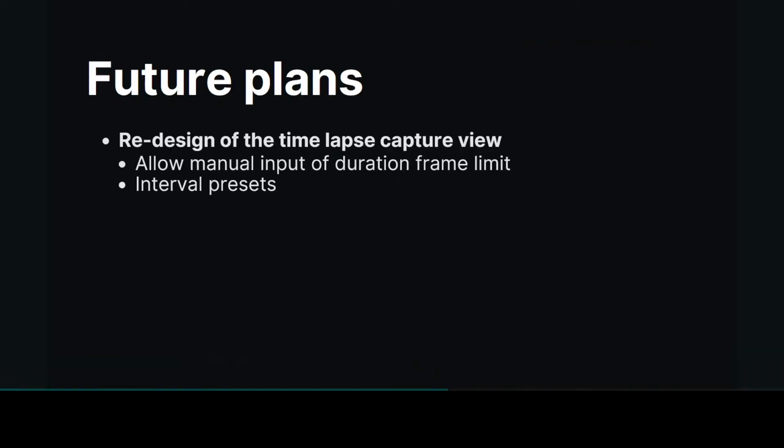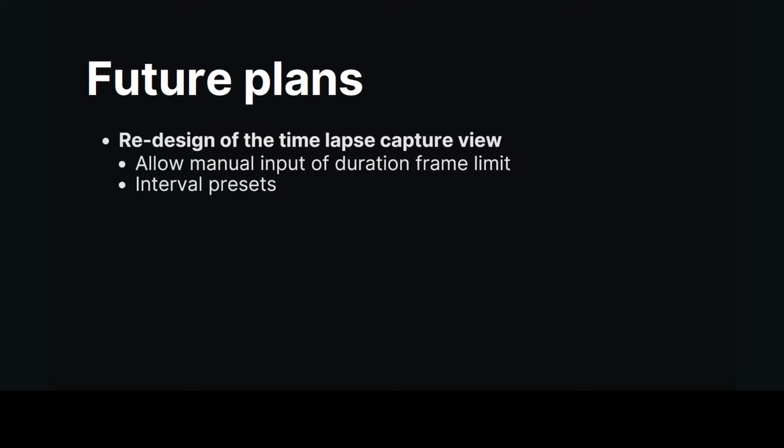Okay, so I just want to quickly go over the future plans for Velocity Lapse. I'm planning a redesign of the time-lapse capture view. It's going to allow manual input of the duration frame limit.